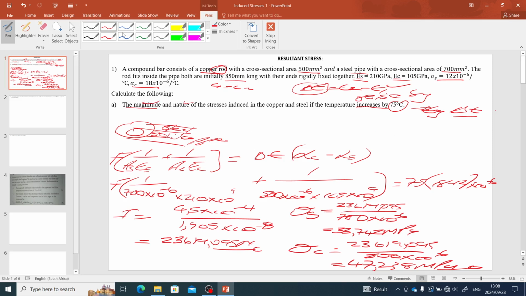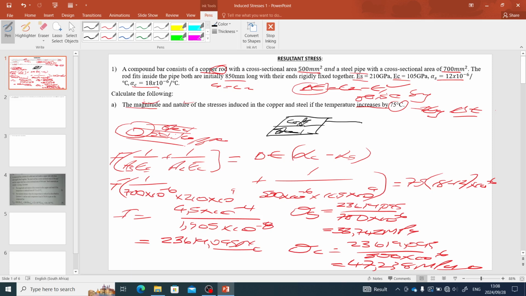Now, in determining the nature, let me give you the picture. You are having the transference of energy in this parallel connection. This is your copper. Copper is a weaker material compared to your steel. The one that will react quicker of the two materials is copper.